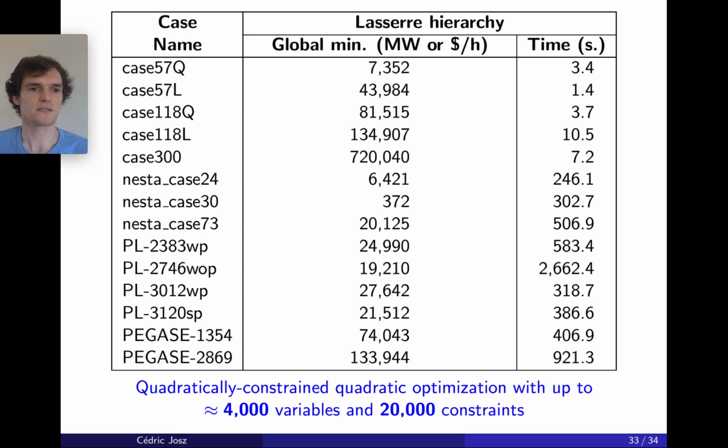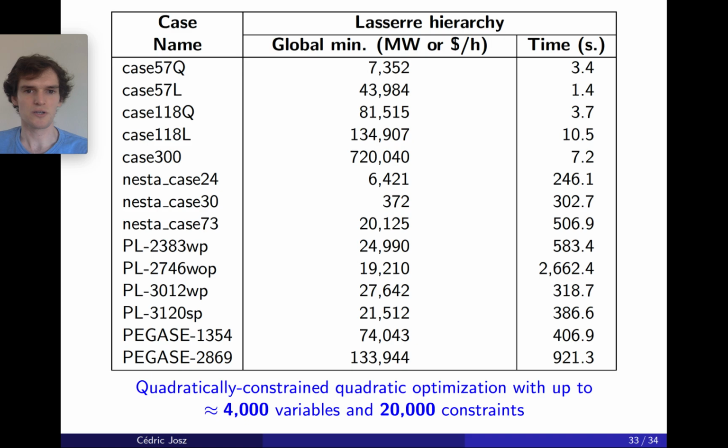This is the best that you can do when you try to minimize. Either you're minimizing the total power production, so the number is in megawatts, or it's in dollars per hour. It's some other notion. Those are the best that you can do when you try to optimize over these benchmarks.